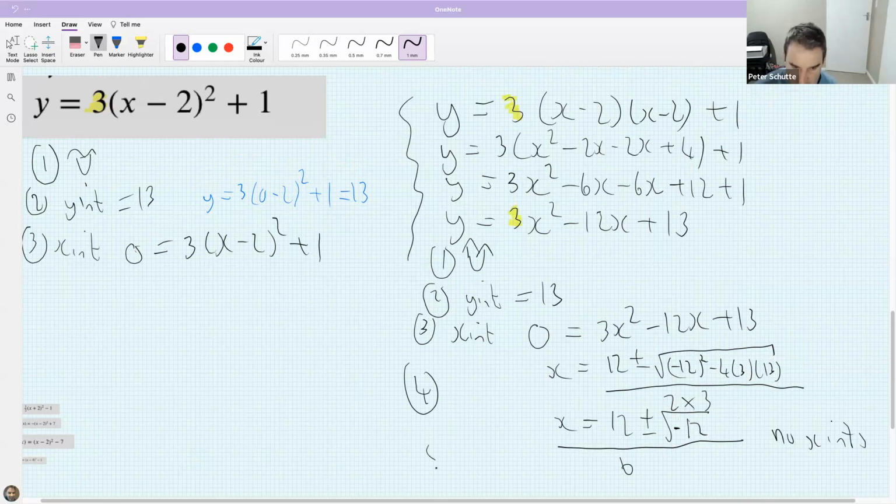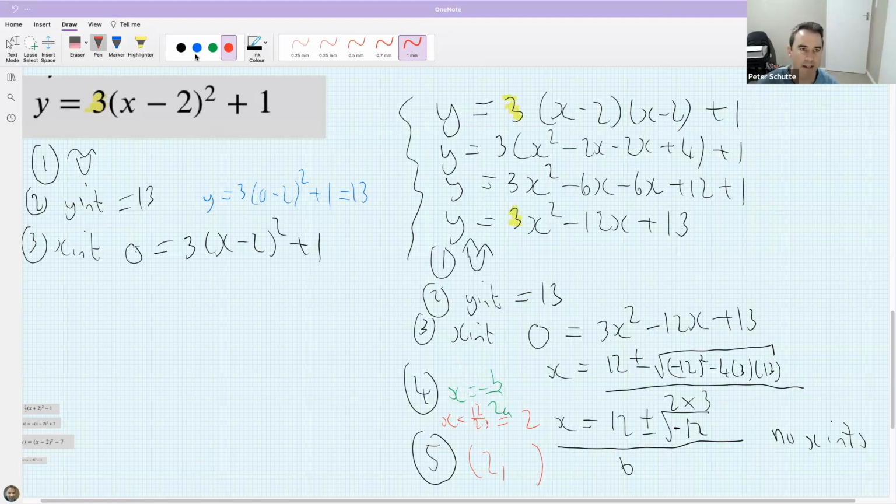That's correct. Now, what is my turning point going to be? Yeah, and Paul, you're correct as well. So what's the turning point going to be? I think the turning point is going to be minus minus 12 over 2 times 3, so it's 2.